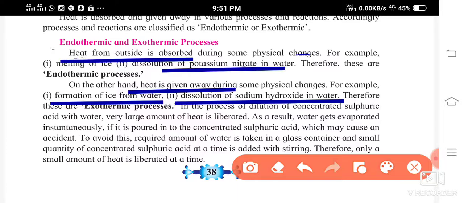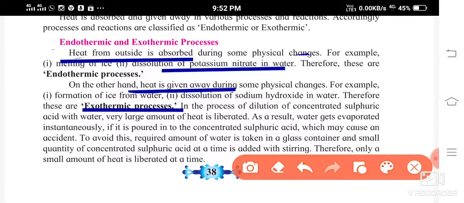Therefore, these are exothermic processes. In the dilution of concentrated sulfuric acid with water, a very large amount of heat is liberated. When you add water to concentrated sulfuric acid, you will observe that a large amount of heat is liberated.